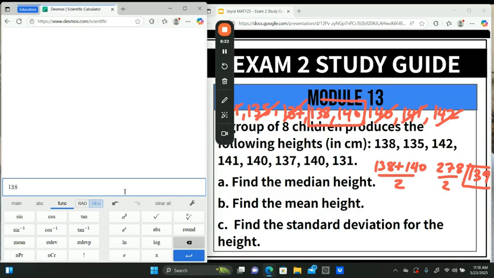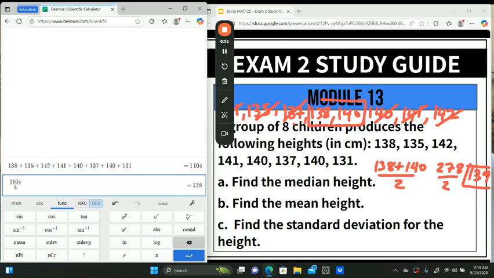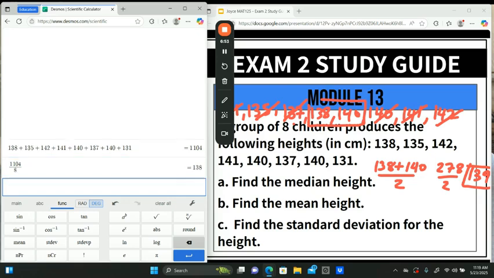We've got 138 plus 135, 142, 141, 140, 137, 140 plus 131. Okay, that is the sum of all of our values. So we need to take that number and divide by the number of values, which is 8. So let's do 1004 divided by 8 gives me 138. So our mean is going to be 138.